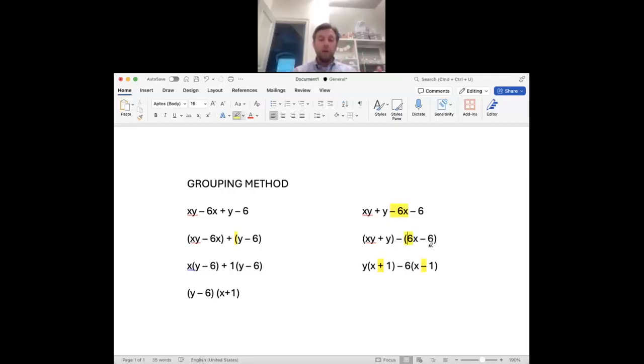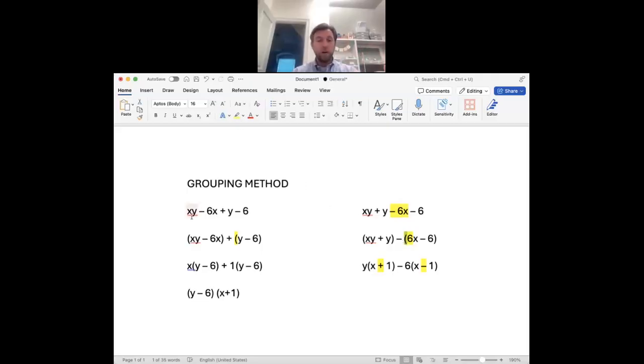Essentially, by putting this parentheses there, we didn't realize it, but we were pulling a negative 1 out. It's like a magic trick, but that was the net effect.